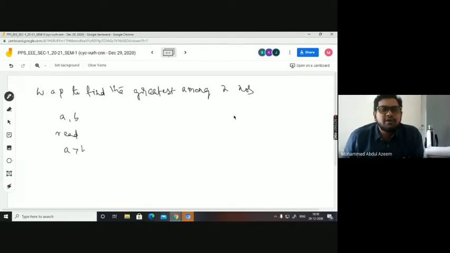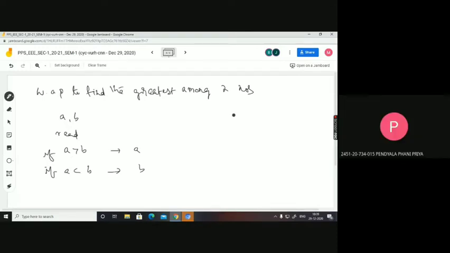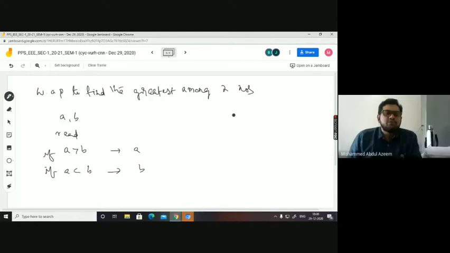If a is greater than b, what do you say? A is greater. If a is less than b, then what do you say? B is greater. So can you write the program for the same? If you want, you can include another condition here.